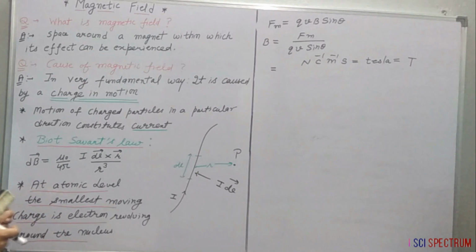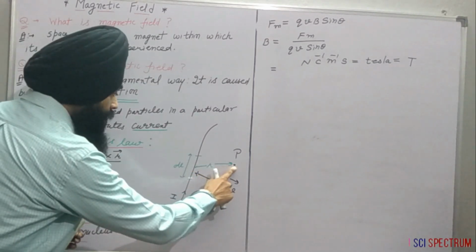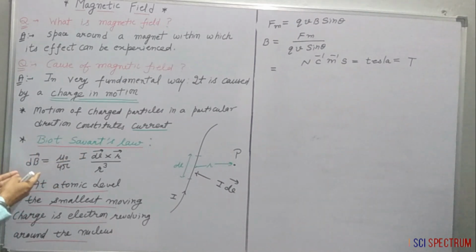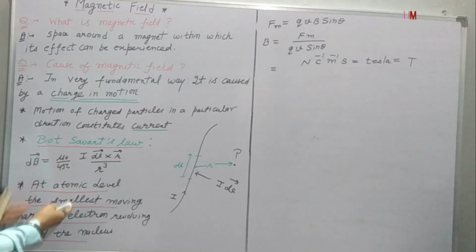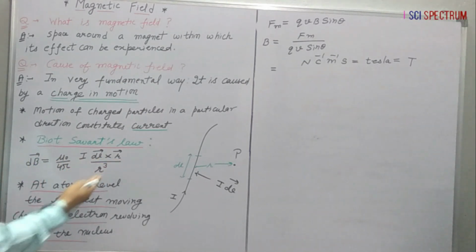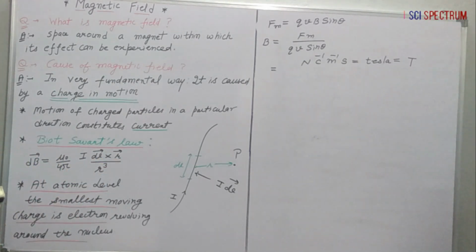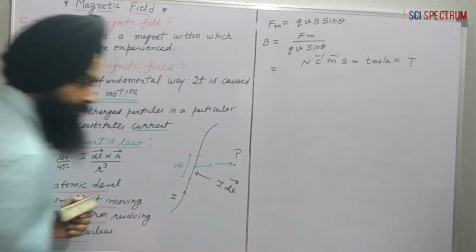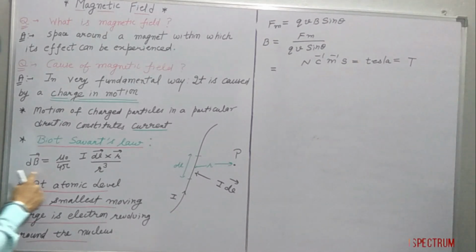The magnetic field at point P due to this current element of length dl is given by the Biot Savart law: dB equals mu naught upon 4 pi, I dl cross r upon r cube. Here r is the distance between this current element and the observation point.